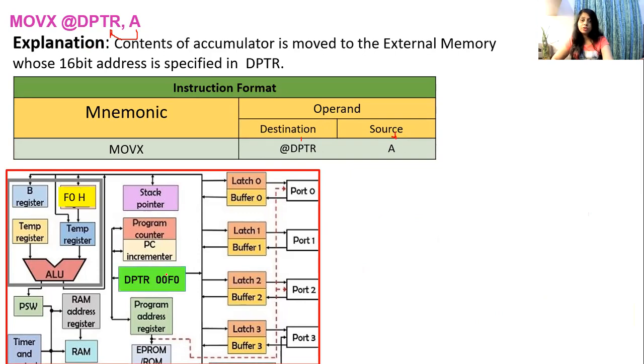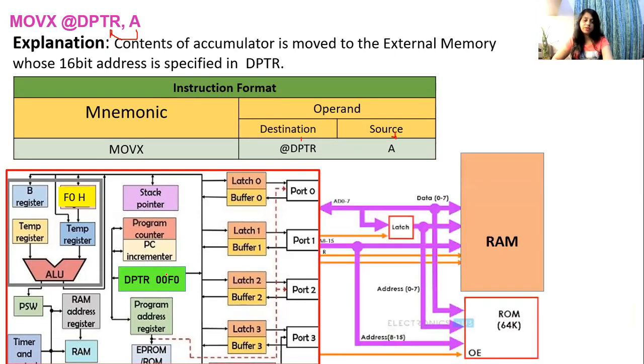Now the data pointer holds 00F0. Now suppose we have connected this RAM. This RAM has some memory location whose address is 00F0. Now source is accumulator. Data is flowing from accumulator to memory. So it will get transferred from accumulator to memory like this, external RAM.